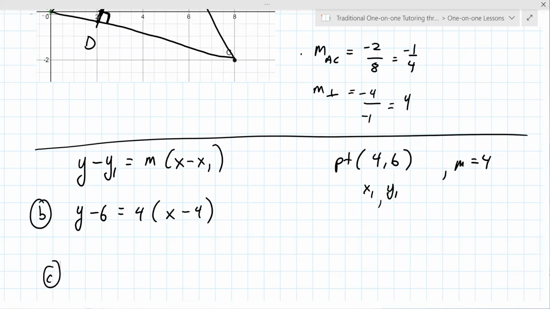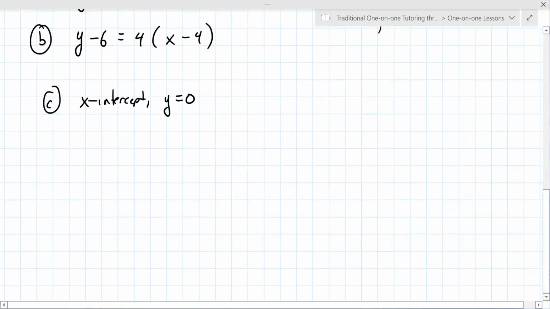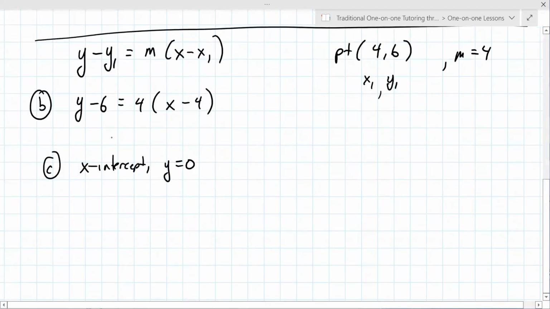Part C says to find the x-intercept, which is when which variable is 0? Y is 0. Okay, so why don't you do that for me, just to get involved here early. Put 0 in for y, and I want you to solve for x.